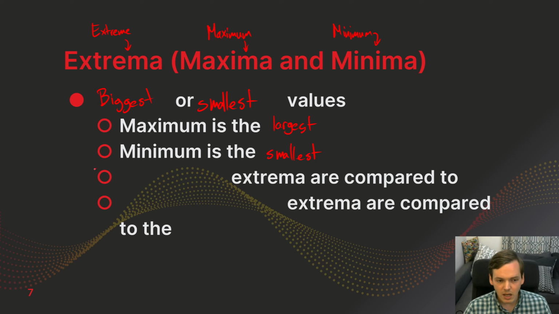But there's two types of extrema. And the first is the local extrema. And these are compared to the immediate neighbors.